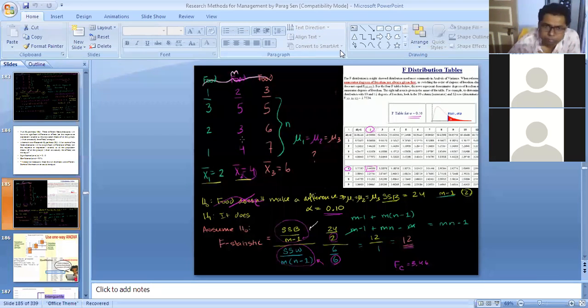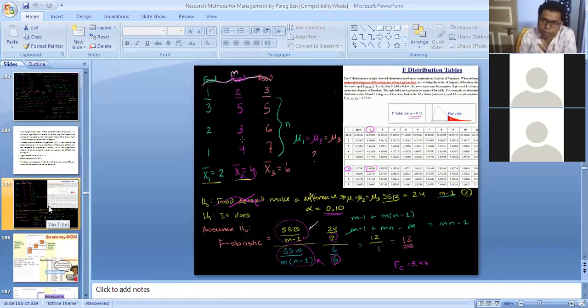Okay, so now the problem is that in this case, you can understand that obviously the three group means will not be the same.